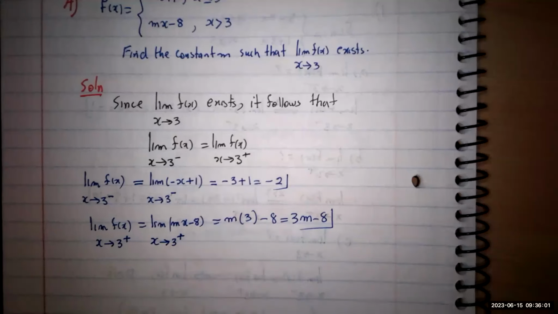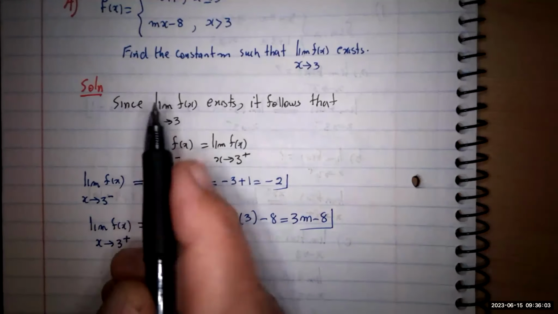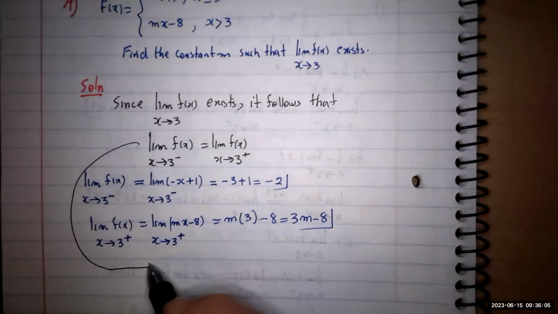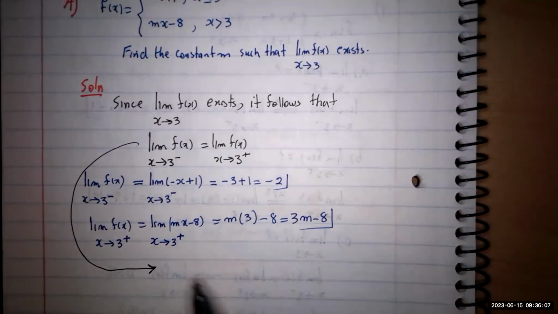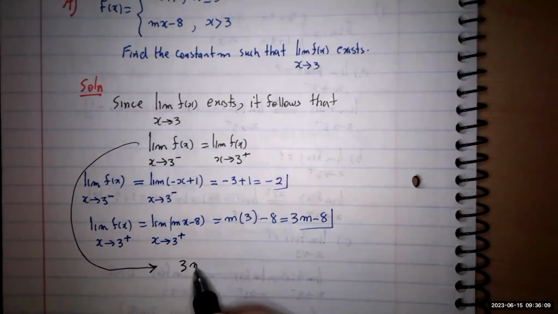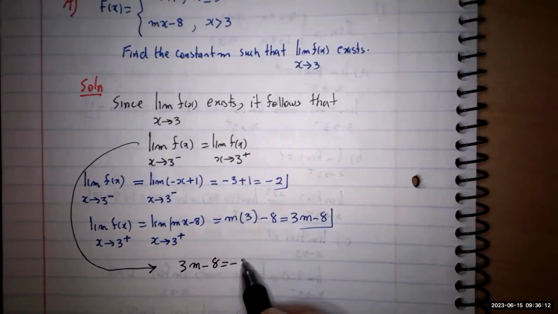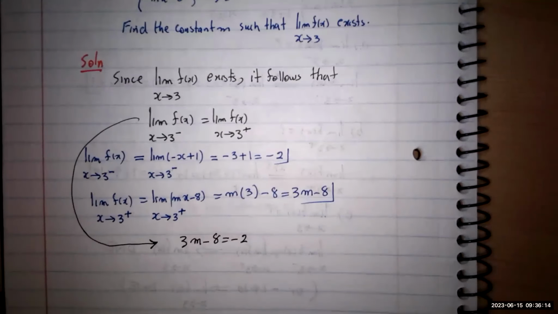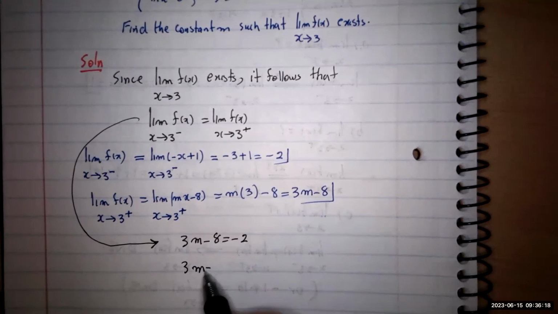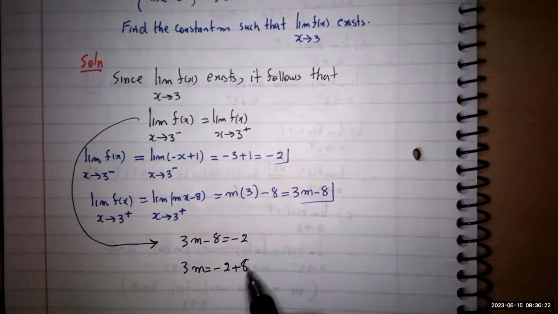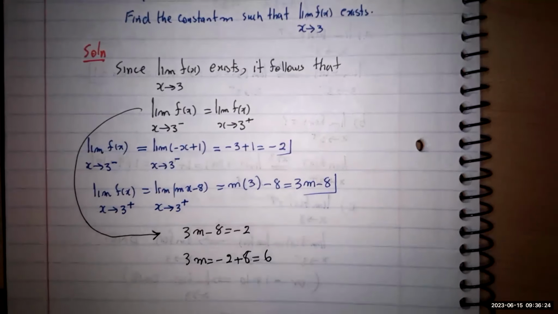Let them be equal to each other. That gives us 3m minus 8 equal to -2. Solve for m. So 3m equals -2 plus 8, which is equal to 6.